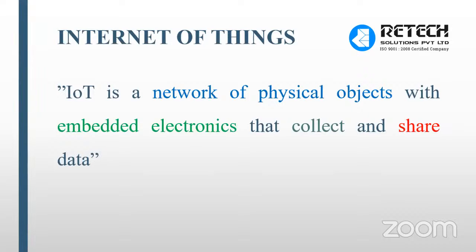The physical object is something like sensor data or one module. Embedded means we read the data using some programming language. If you are using Arduino IDE, we use embedded C programming, and if you are using Raspberry Pi, we use Python.